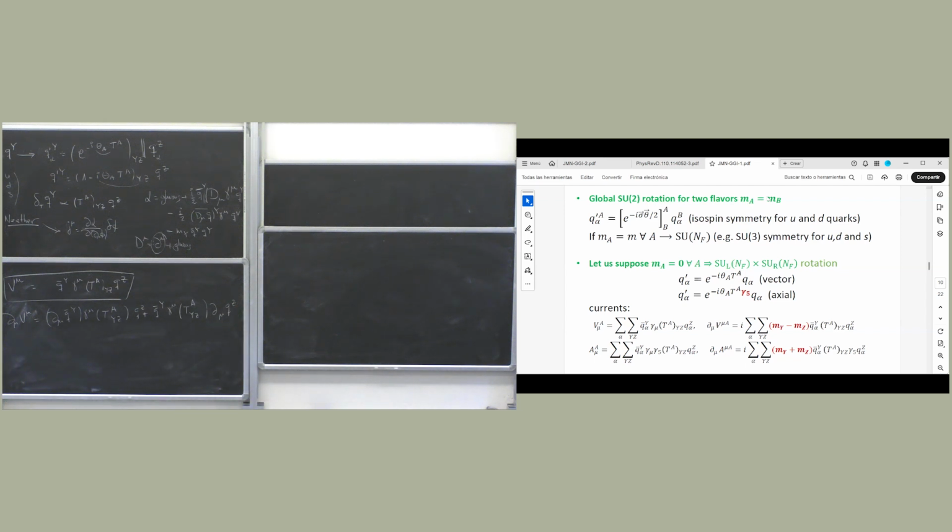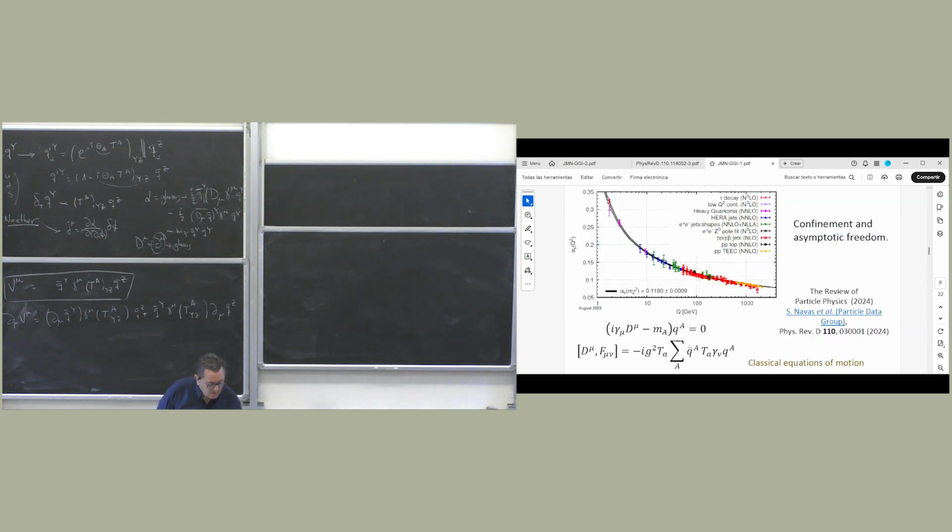What can I do now? We make use of the equations of motion, thank you, Daniel. What appears in the equation of motion is the covariant derivative.